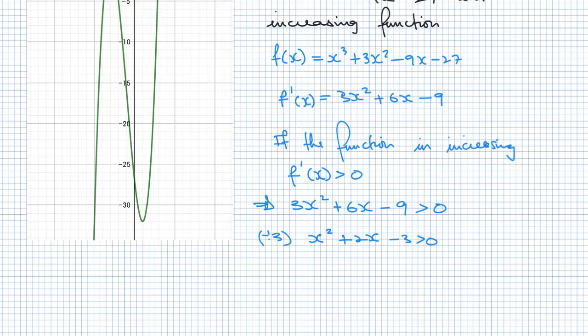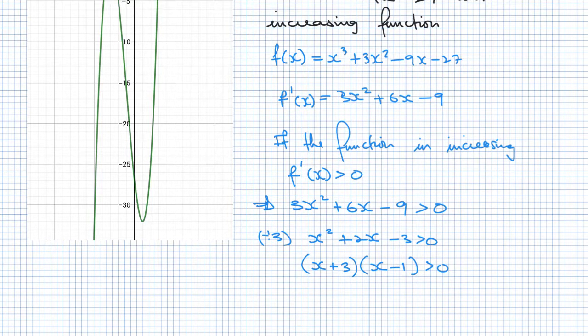And now I can quickly factorize that to then give me x there, x there. To make that 2, I will need 3 and minus 1 to make 2. And then if I multiply them, I get minus 3. Again, I'm not going to explain how I've done that because, like I said, if you're doing this as an A-level student, you should know how to factorize a quadratic.